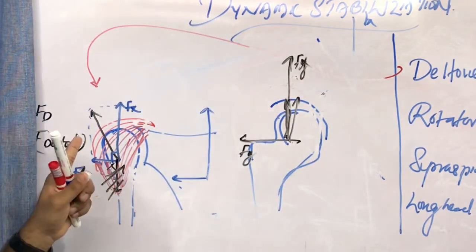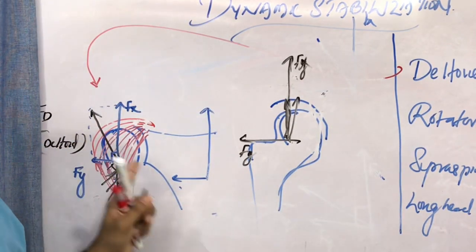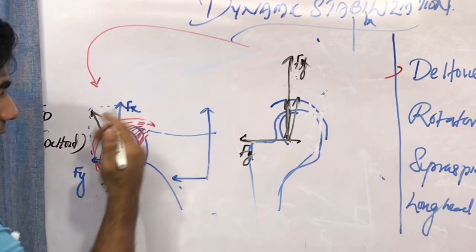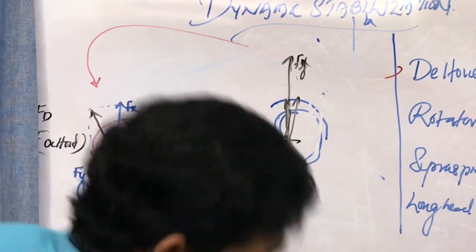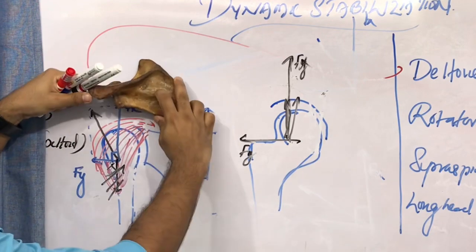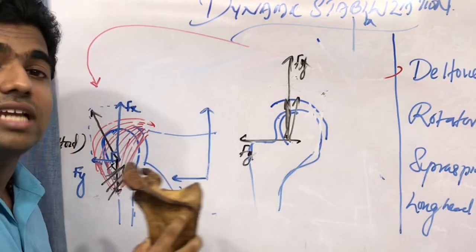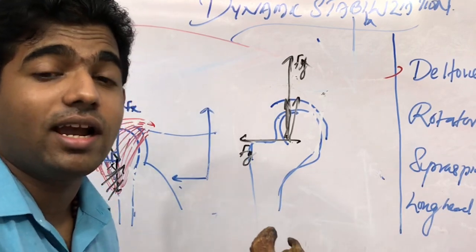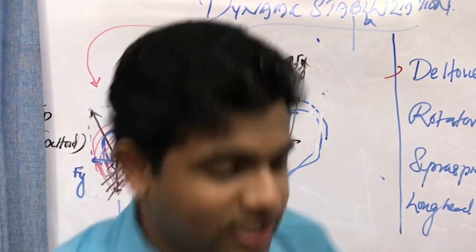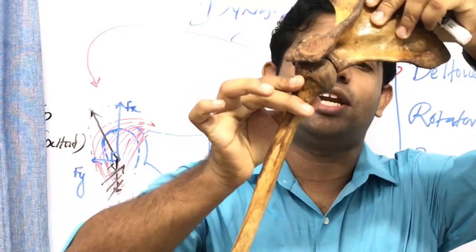But what is the problem in the glenohumeral joint? The humeral head and glenoid fossa are not in line like this. The fossa is in a lateral direction to the head of the humerus, and the head of the humerus is not situated like this to the glenoid fossa.